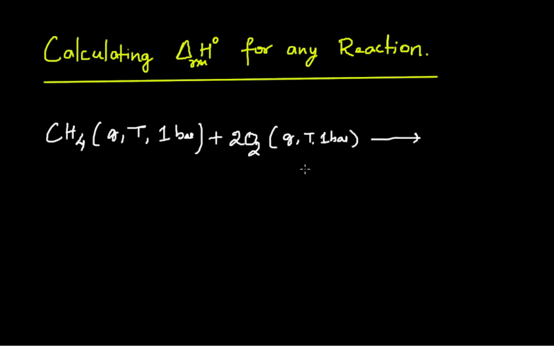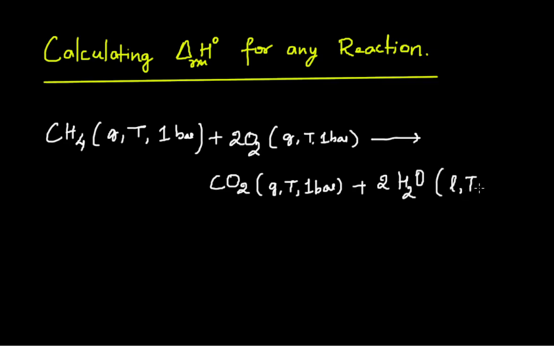This is going to give you carbon dioxide, gas at temperature and 1 bar, plus 2 water molecules, which is liquid at temperature and 1 bar. So this is your combustion reaction.